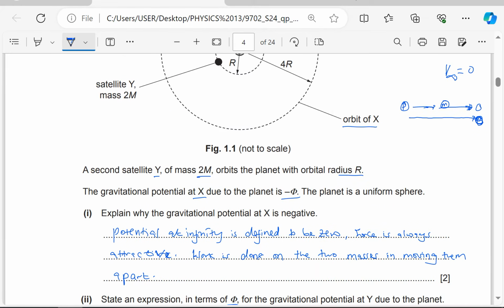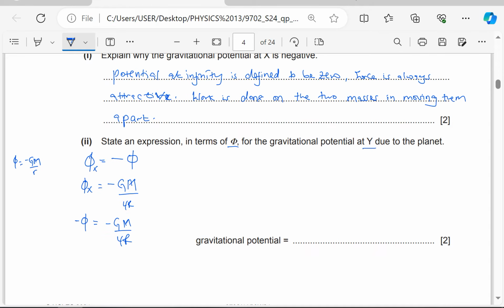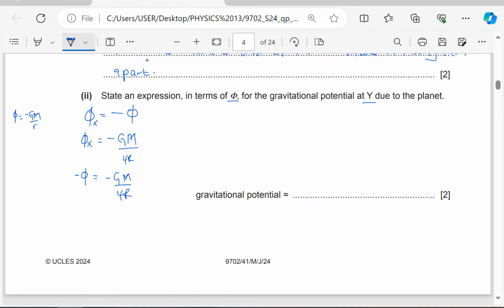So the gravitational potential at x due to the planet is negative phi, which means I would simply say that phi is the same as GM over 4r. So I want to find an expression in terms of phi for potential at y.